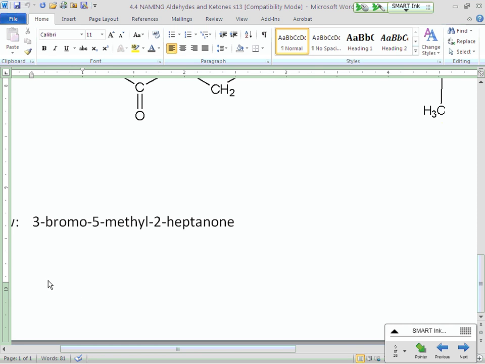Here we go. Heptanone. 1, 2, 3, 4, 5. Are you laughing that I count it all out? Oh, because I do. I have to count it out. 1, 2, 3, 4, 5, 6, 7. When I get beyond 5, you know it's getting dicey here. So we got a 2-heptanone, double bond O. So that locates my carbonyl group.